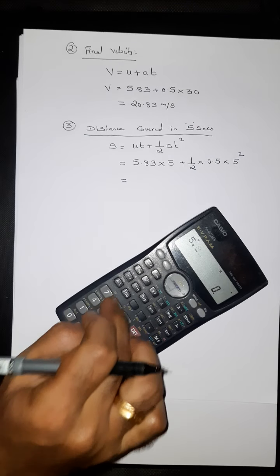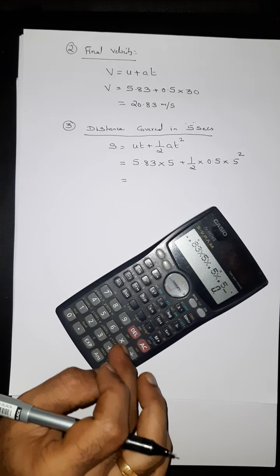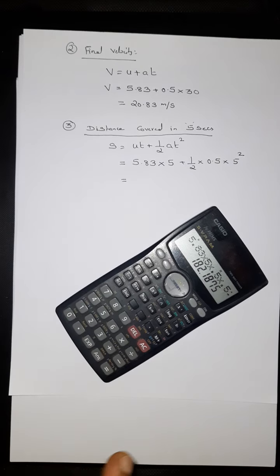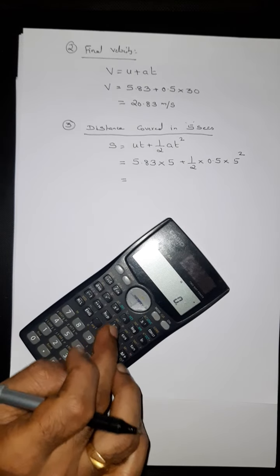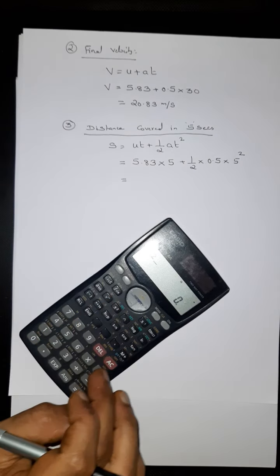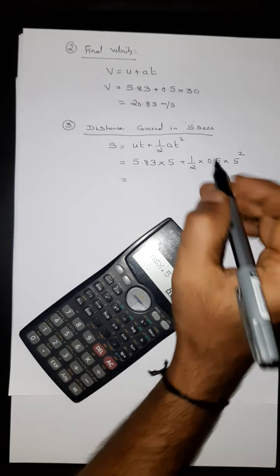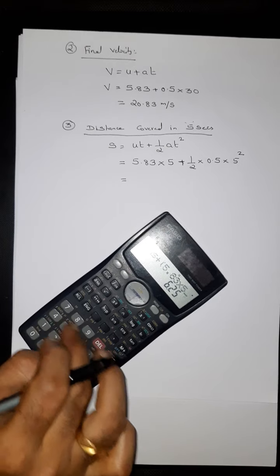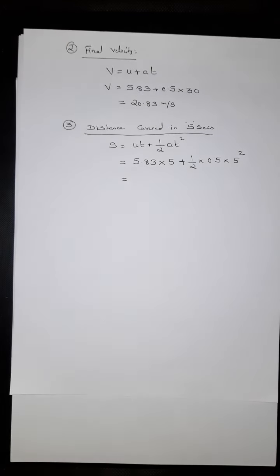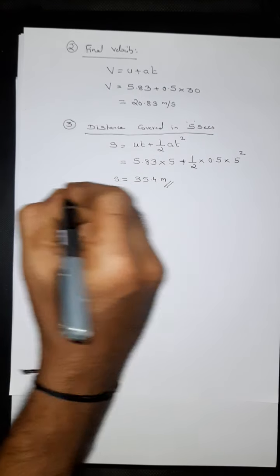That is 5 square into 0.5 into 0.5, plus 5.83 into 5, which gives 35.4 meter displacement.